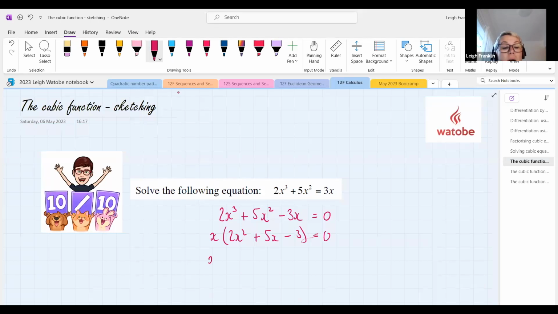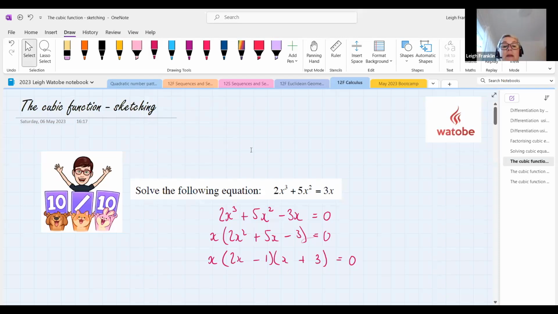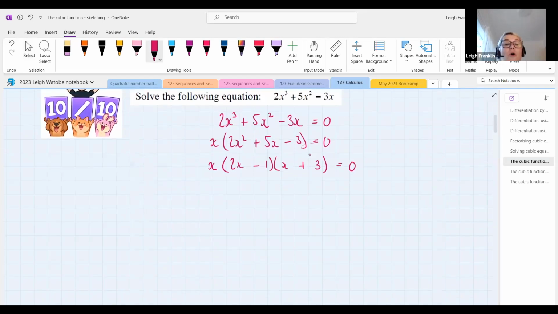Now I need to factorize my trinomial. I would have 2x in the one bracket, x in the other, and now I need my plus 5 in the middle, so I'm going to put 3 over here and put plus 6 minus 1 would give me plus 5, and negative 1 times positive 3 would give me my negative 3 at the end. So there we go. We have got 3 x-intercepts. Either x is 0 or x is equal to 1 over 2, or x is equal to negative 3.